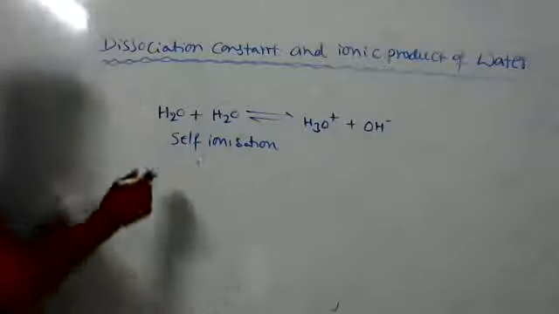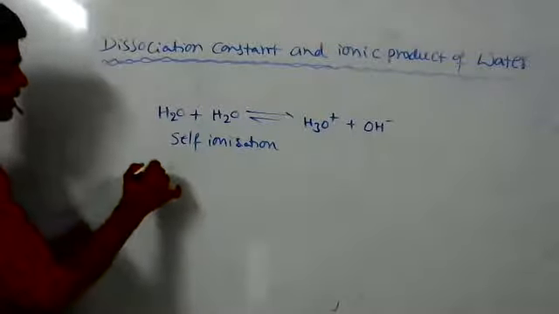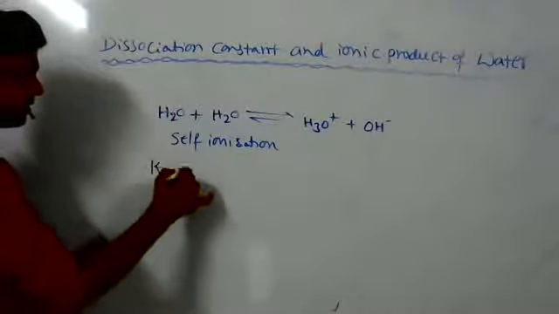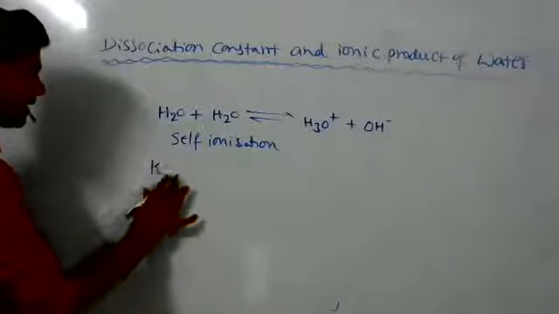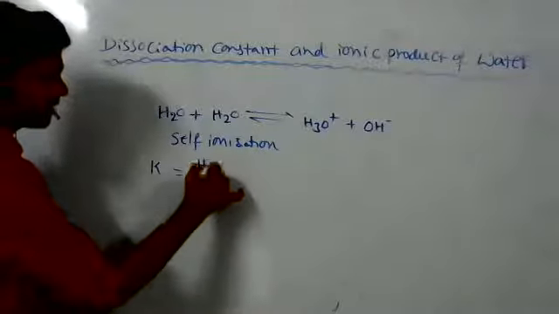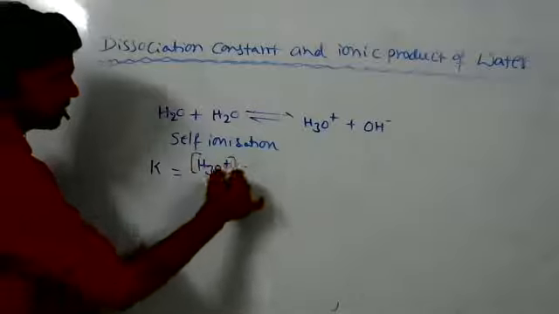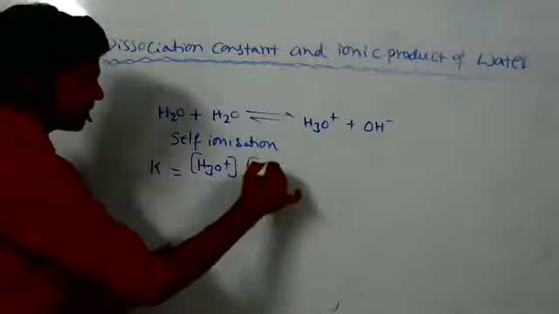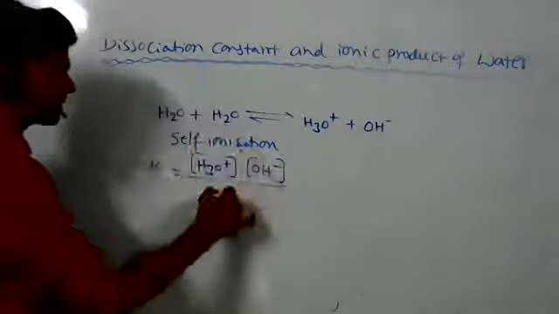So apply here the law of chemical equilibrium, and it gives K, not Ka, just write K. K is equal to H3O+ concentration times OH- concentration divided by H2O concentration.